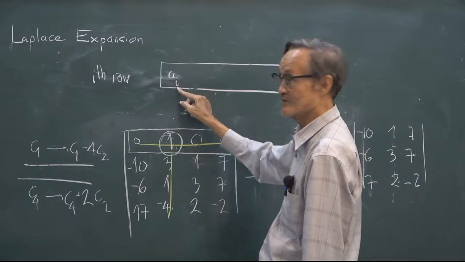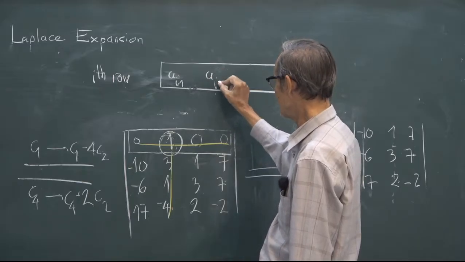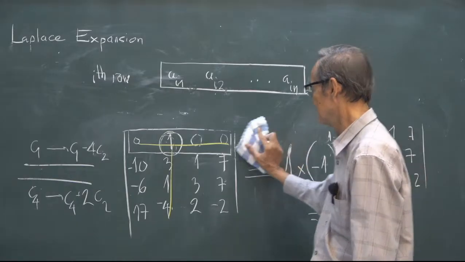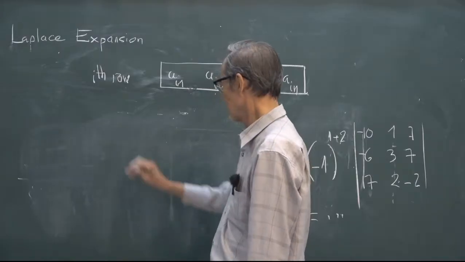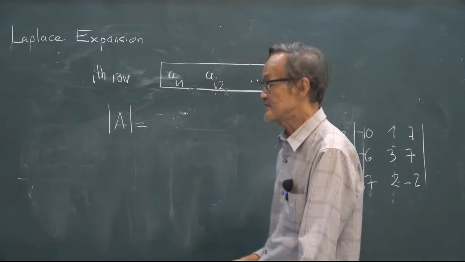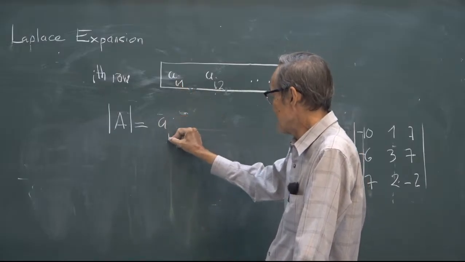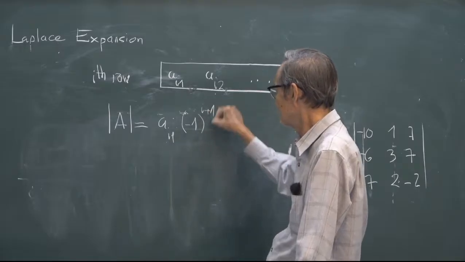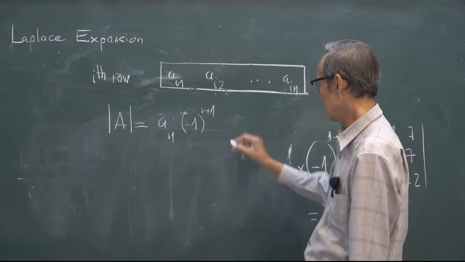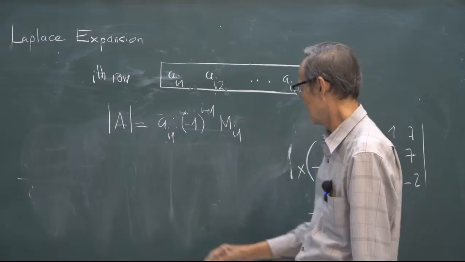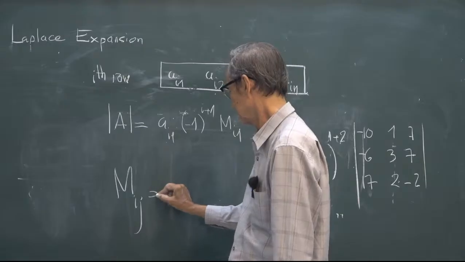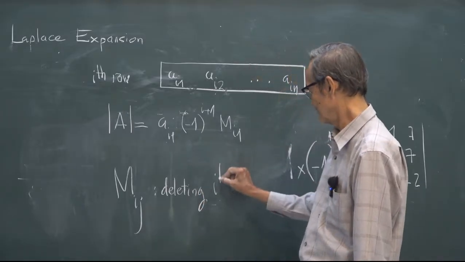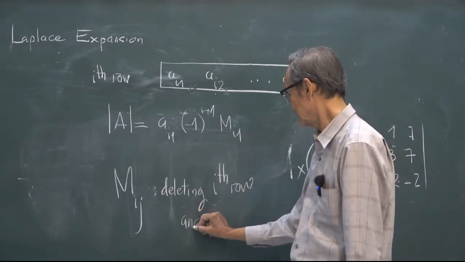Row i: a_i1, a_i2, up to a_iN. The determinant of A equals this element a_i1 times the number minus 1 to the power i plus 1, row then column, and minor M_i1, the minor obtained by deleting the ith row and the jth column.